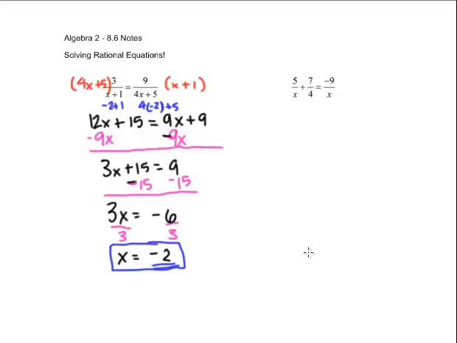Sometimes, though, things get all jumbly, and they're not all perfectly set up by an equal sign. So we need to clear out the fractions. I like to do this. I think it's a great way to make your problem a lot easier to solve. Your common denominator on this guy is 4x. What we're going to do is multiply every piece of this equation by 4x.